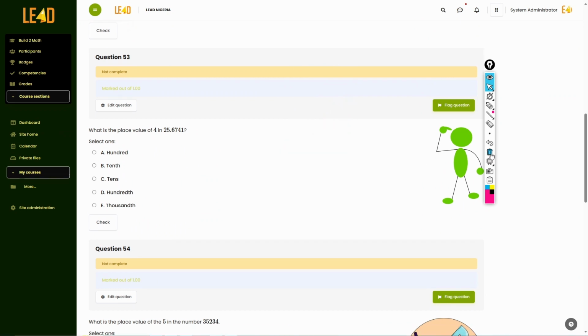Okay, what's the place value of 4 in 25.6741? So to the left, we have the whole number place values. And to the right, we have the decimal place values, the place values that are less than 1.